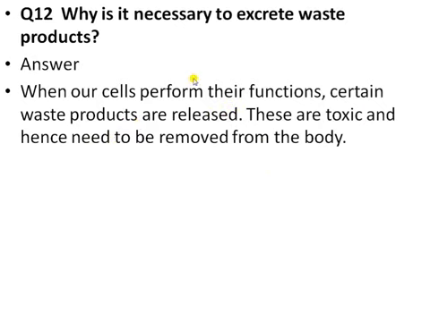The waste products are released during cellular respiration and any other function in the body. These are toxic in nature and we need to remove them from the body. That's why it is necessary to excrete the waste products from our body.